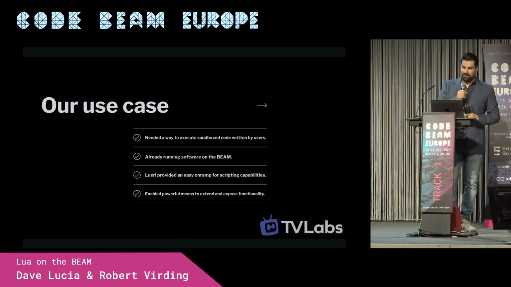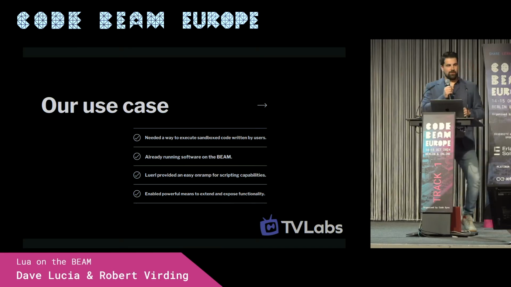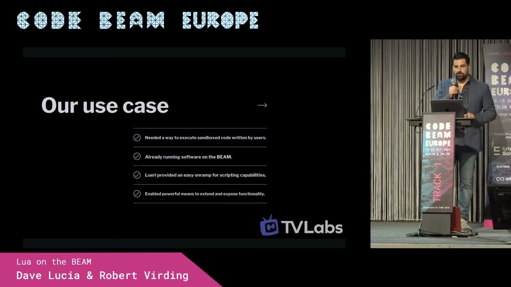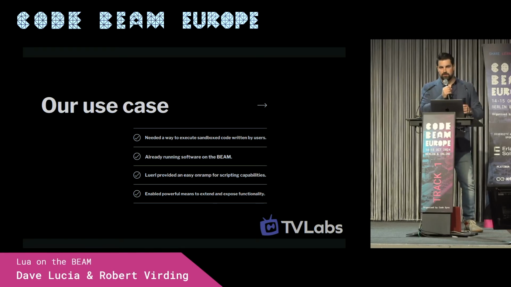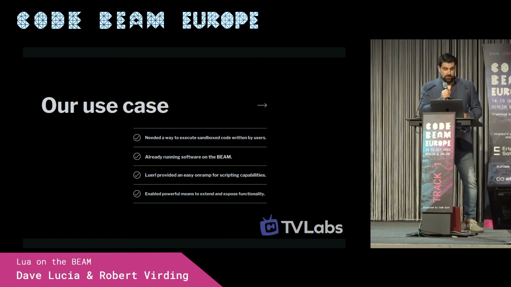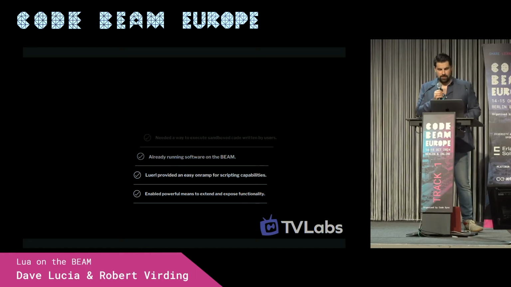So naturally, something running in Elixir would be a good fit, and when we found Luerl, it seemed like an obvious choice for initially building a prototype. It had the added benefit that, as Robert said, you can very easily sandbox Luerl functions. You can choose not to expose certain parts of the API, and you can extend the API with any sort of DSL written in Erlang and Elixir. This was just a really good solution for us.